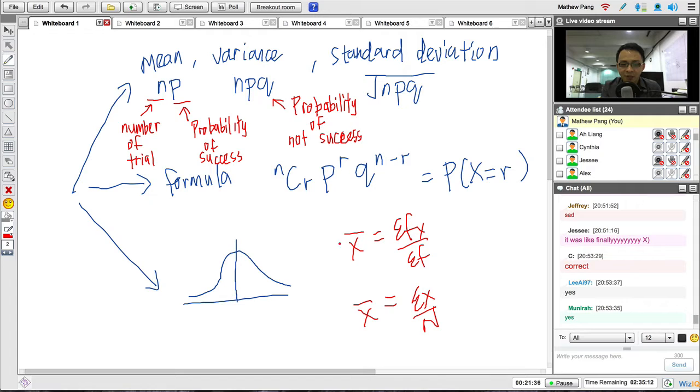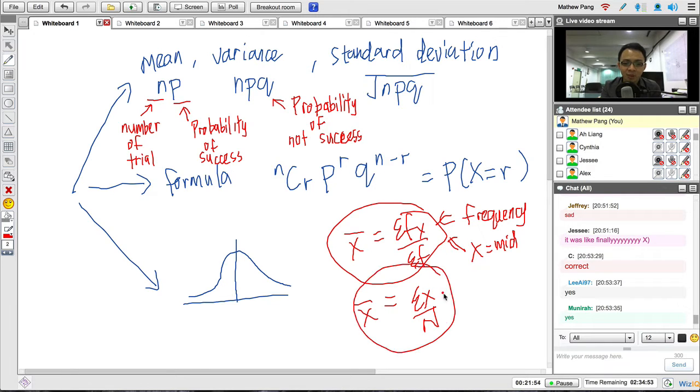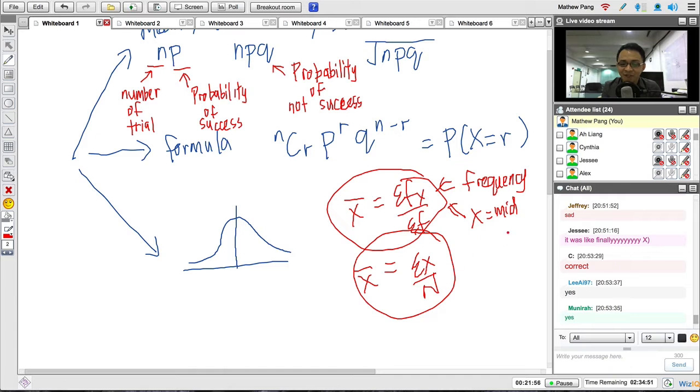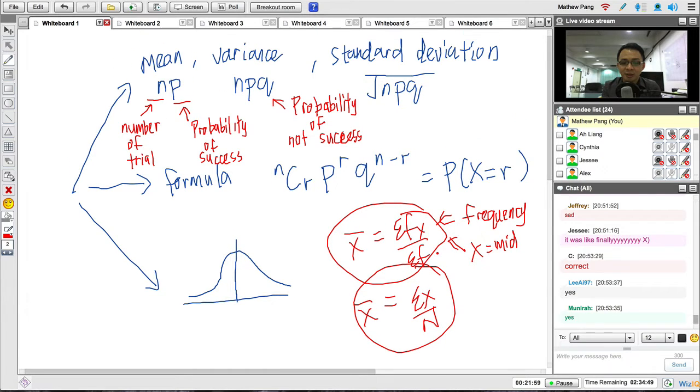First, to use the statistics formula, they must at least give you frequency and x, where x is the midpoint. Those two formulas involve no probability.